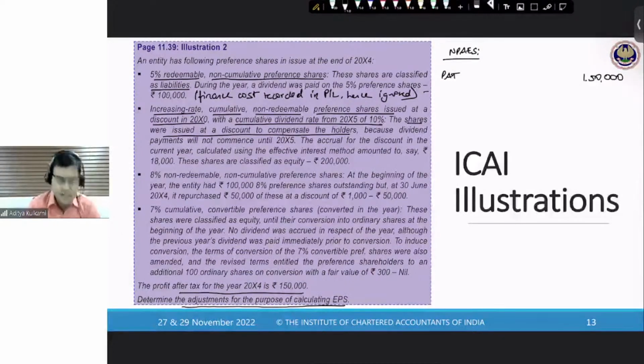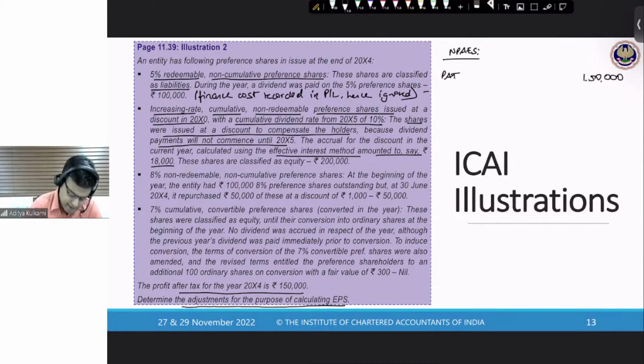Okay, the shares were issued at a discount to compensate the holders because dividend payments will not commence until 20x5. The accrual for the discount in the current year, calculated using the effective interest method, amounted to rupees 18,000. Okay, that figure they have only given.